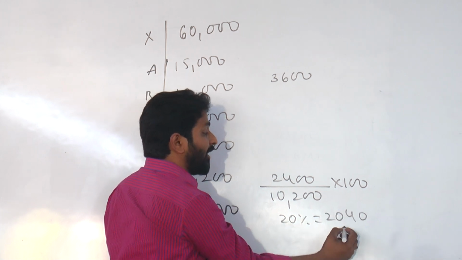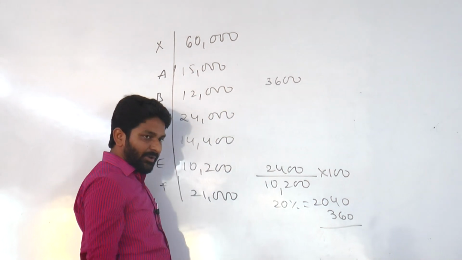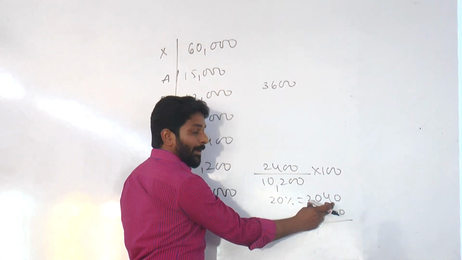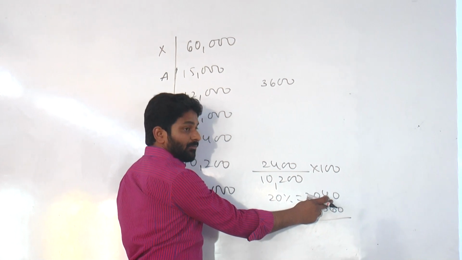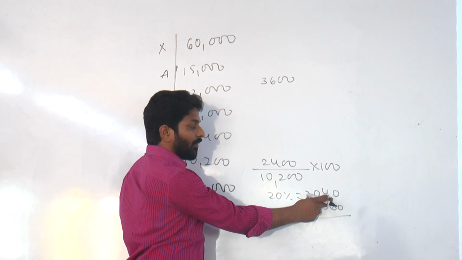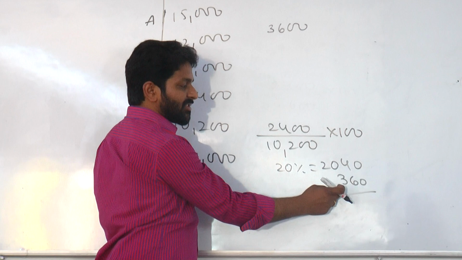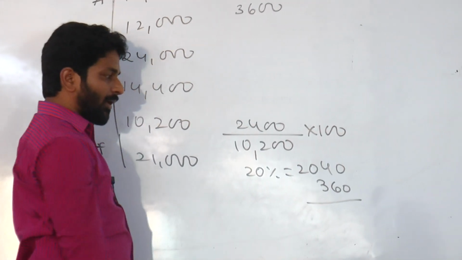2,040. And again you need to add 360 to this number so that it becomes 2,400. 10% of this number? 204. 5% of this number? 102. 15% of this number? 306. Again it is more. Okay?